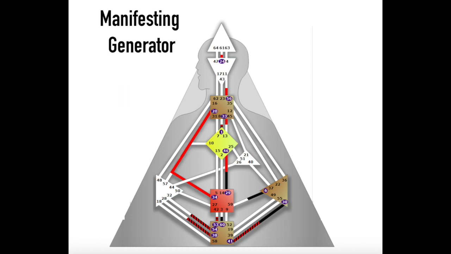And so the manifesting generator has both the throat and the sacral center closed or defined. And so that means that they're confident with both personality traits. They take that life force, that energy that just keeps them productive with that sacral center, but they also have the ability to express themselves, unlike the generators before.